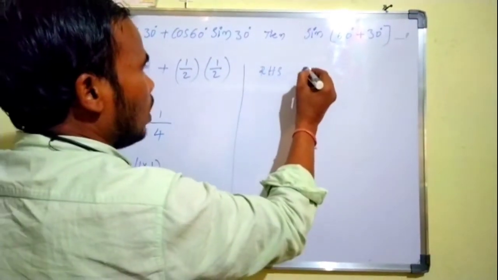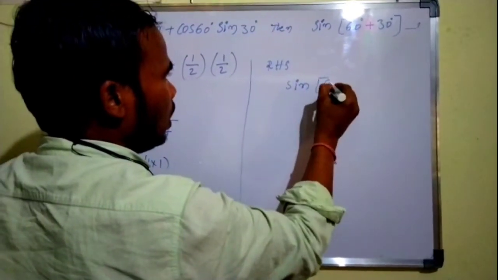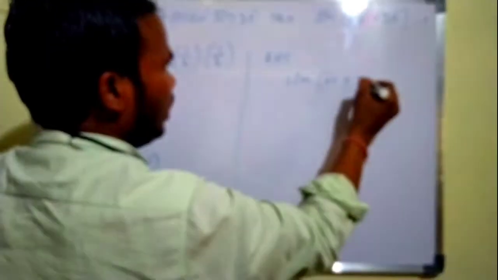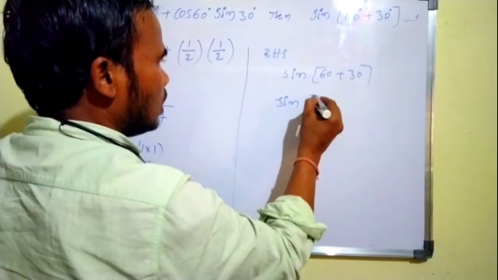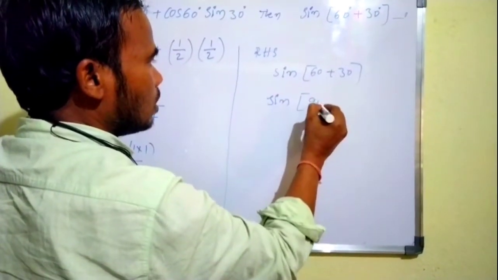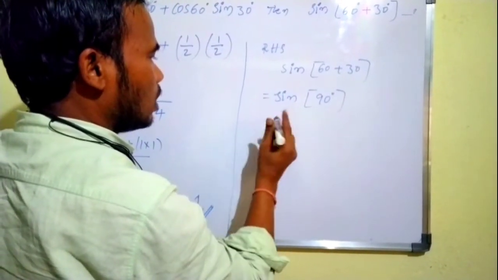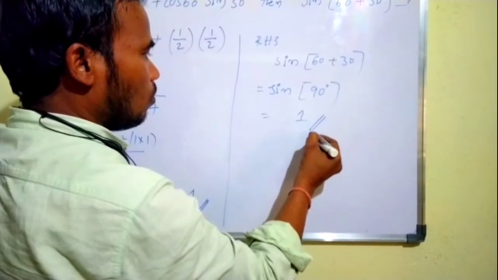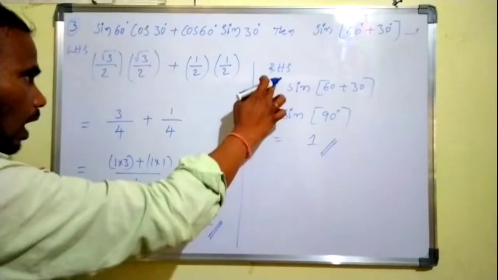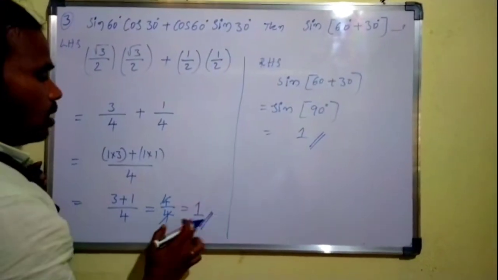RHS value: sin of 60 plus 30 is equal to sin 90. Sin 90 value is equal to 1. So finally the RHS value and LHS value answer is 1.